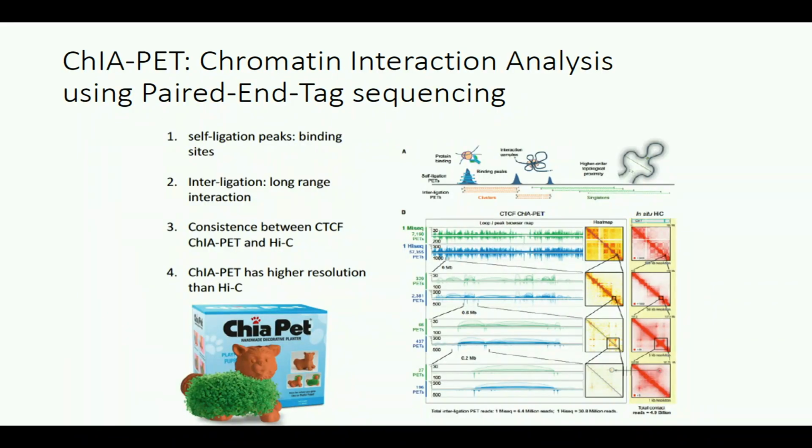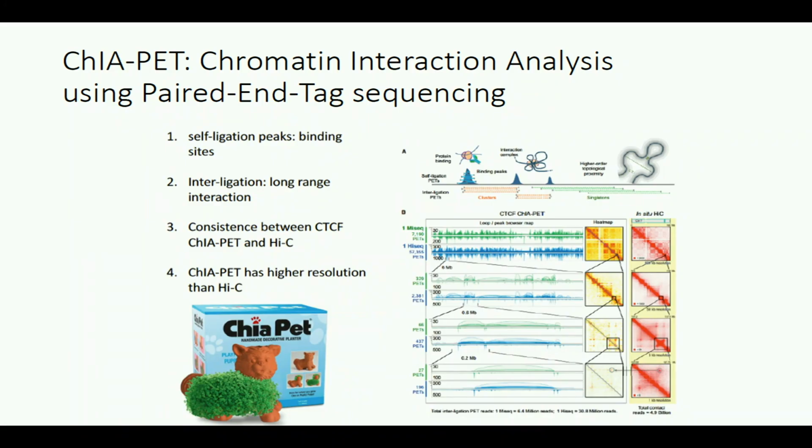And ChIA-PET is yet another advanced way of studying chromatin interactions. Instead of doing this ligation, it uses antibodies to pull down things where things are contacting and there is a CTCF binding, using this signal to map if two things are contacting and they're also binding to CTCF.